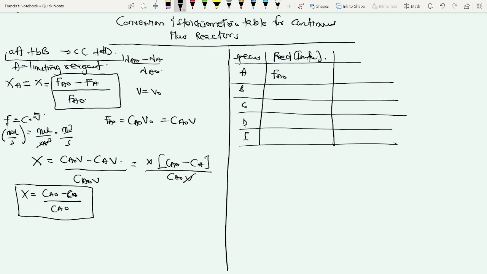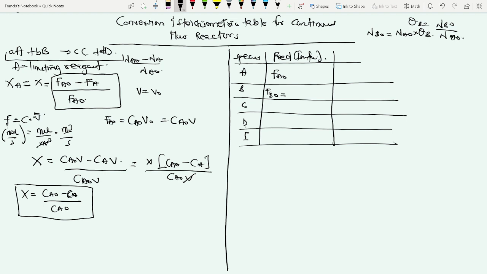And that of B is supposed to be FB0. But then we established that, just like the batch reactors, NB0 can be written as Na0 times theta B, where theta B is equal to NB0 over Na0, right?